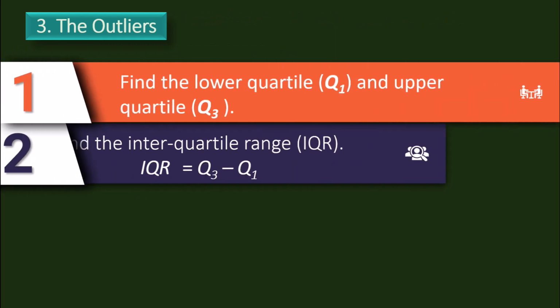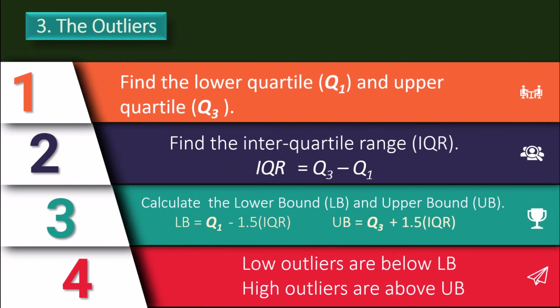According to the steps, first we need to find the Q1 and Q3, then find the IQR. We already completed these two steps. Then we need to find the lower bound and the upper bound. All observations below the lower bound and above the upper bound are outliers.